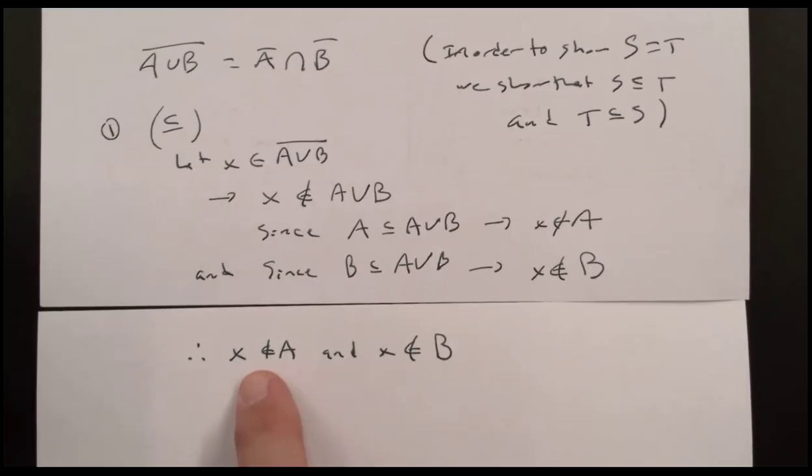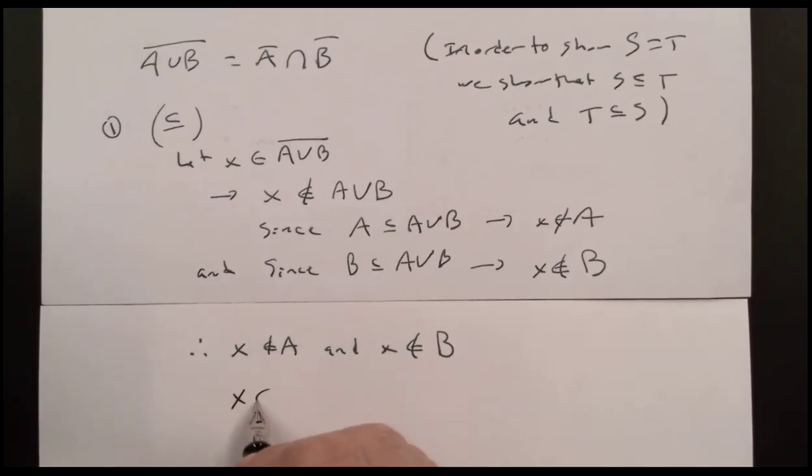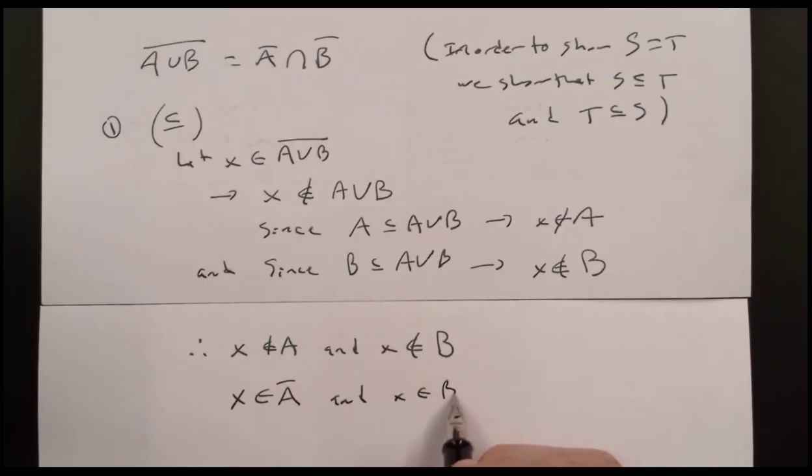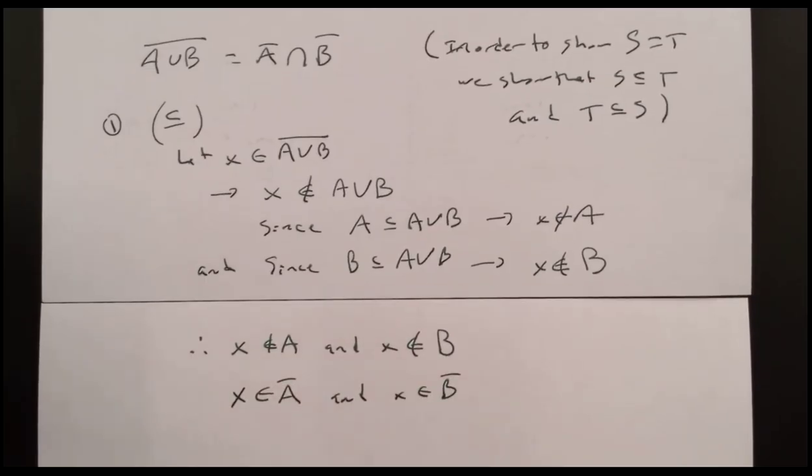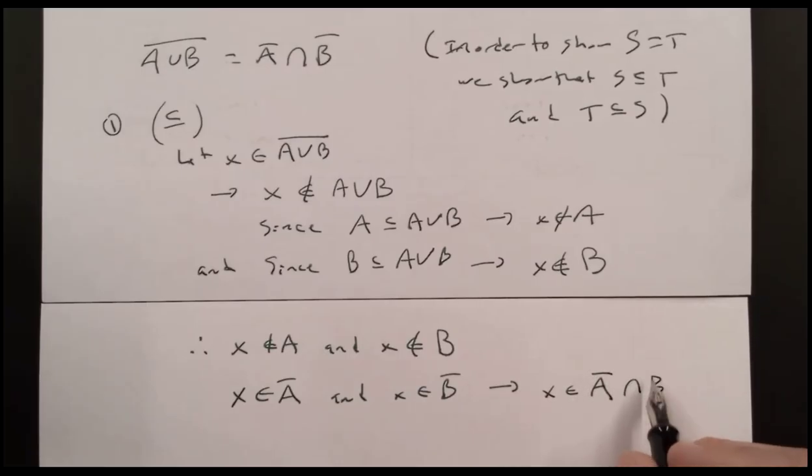If you're not in A, you must be part of the complement of A. Same thing for B. Hey, look, it's in here and it's in here. That means it's in their intersection.